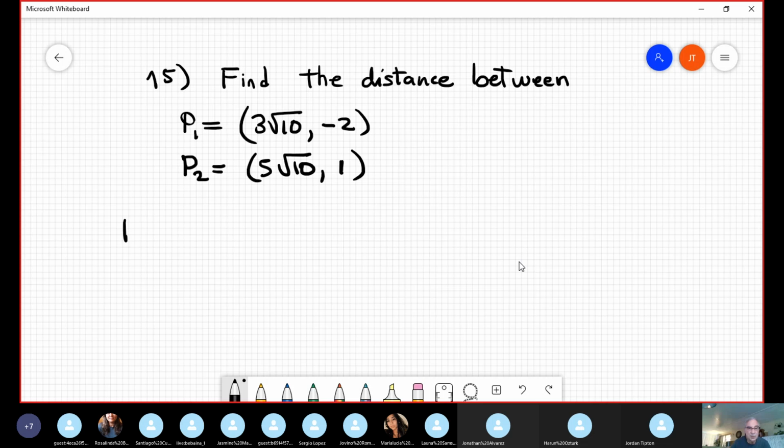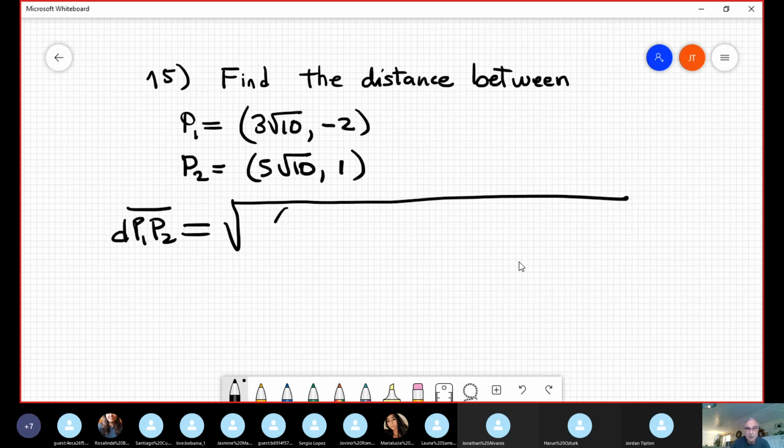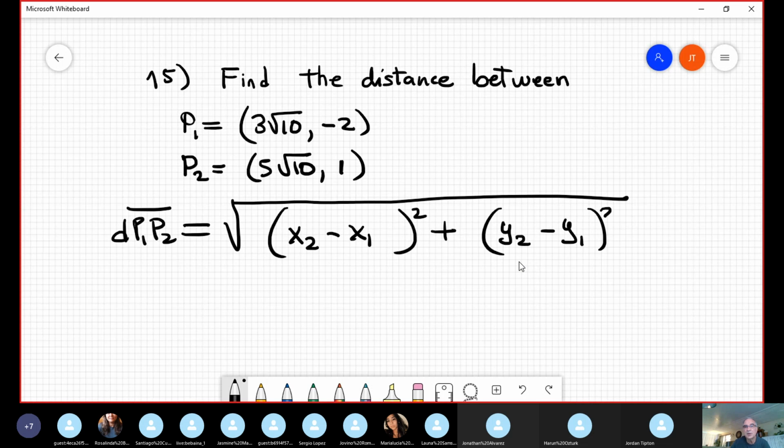And I want to copy the formula. Distance P1, P2 segment is equal to a big square root. Inside the parentheses, you put x2 minus x1 squared plus y2 minus y1 squared. This is my formula. This is x1, y1.